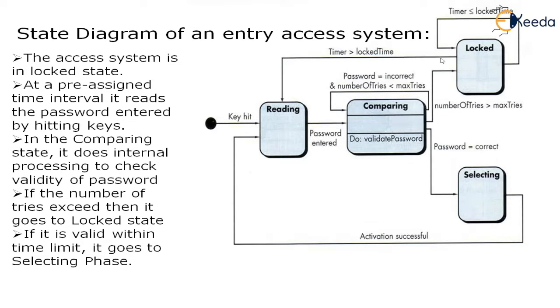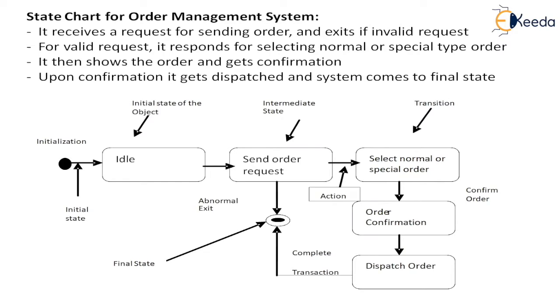Otherwise, it will go to the locked state. If it is valid, then what will happen? Within the time limit, it will go to the selecting state. And in selecting, there will be some menu to select something so that it can open or do some actions.